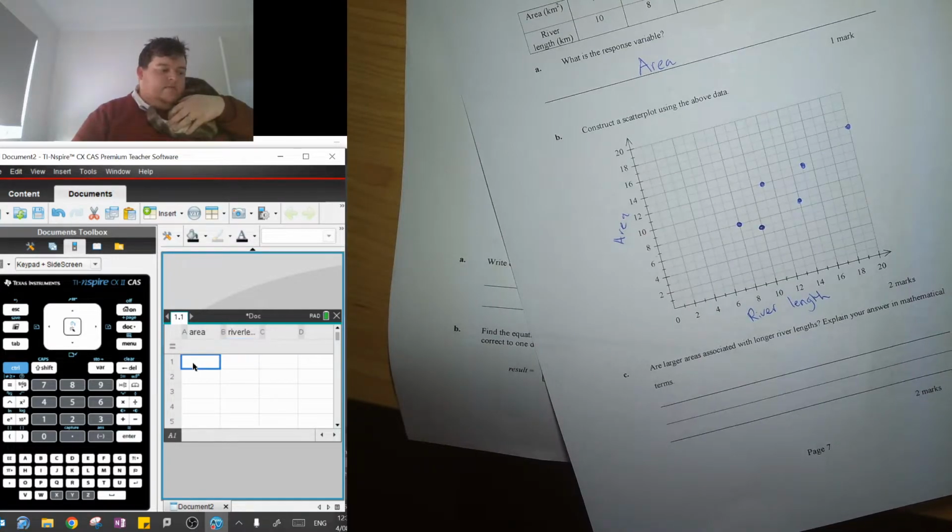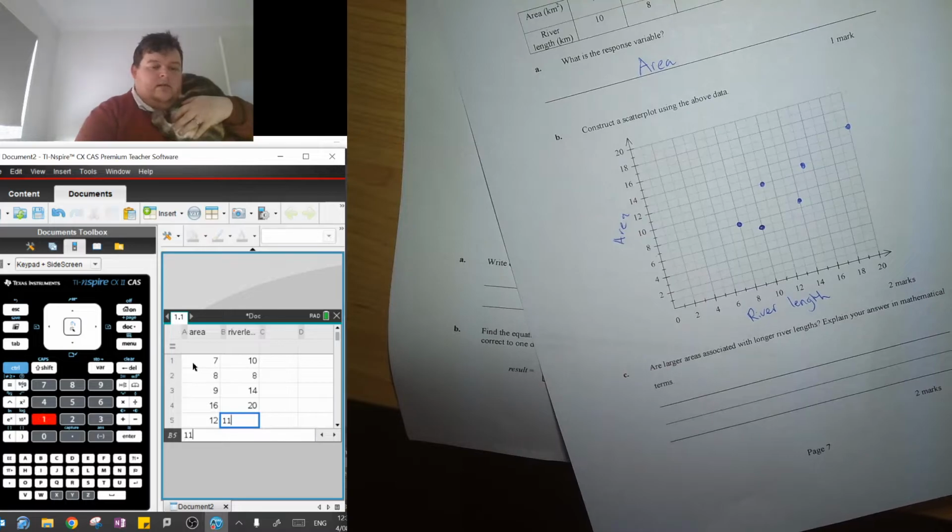So area, we've got 7, 8, 9, 16, 12, 13. And for river length, we have 10, 8, 14, 20, 11, and 15.